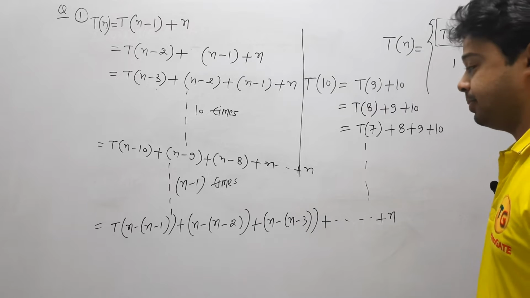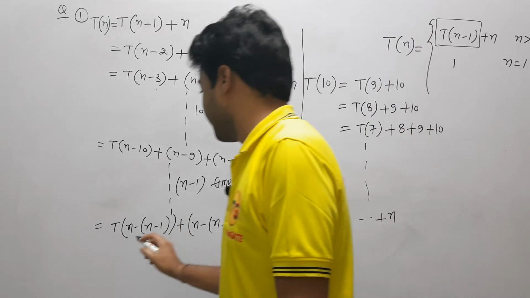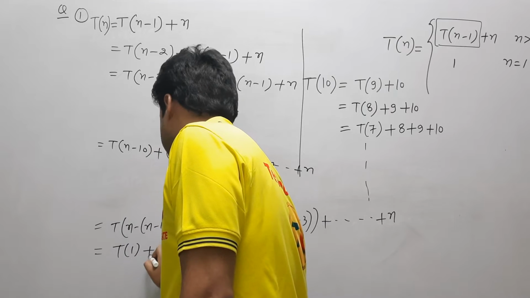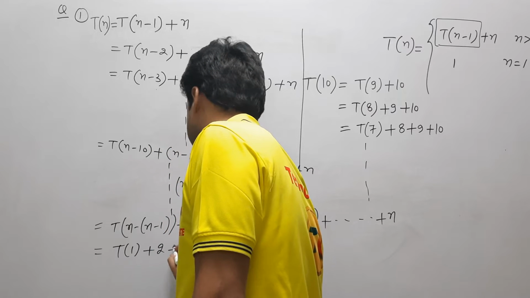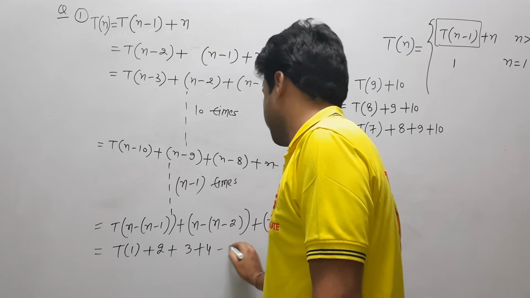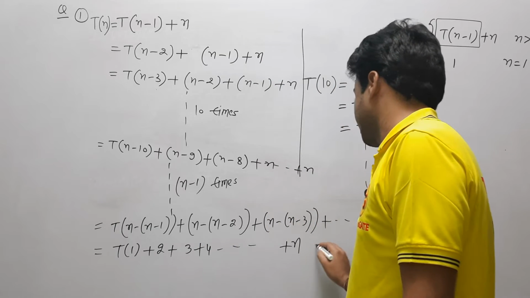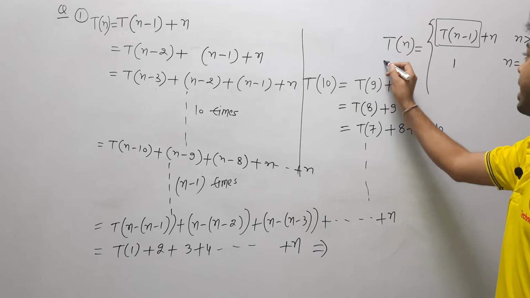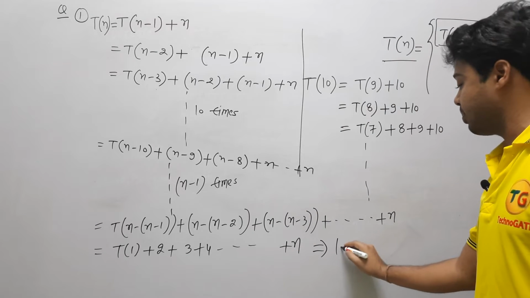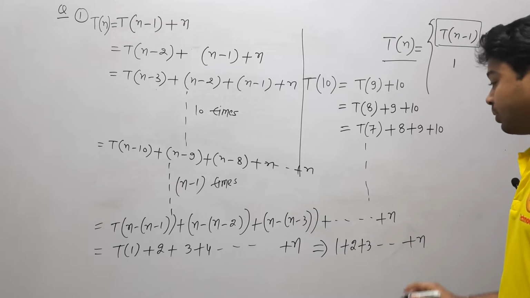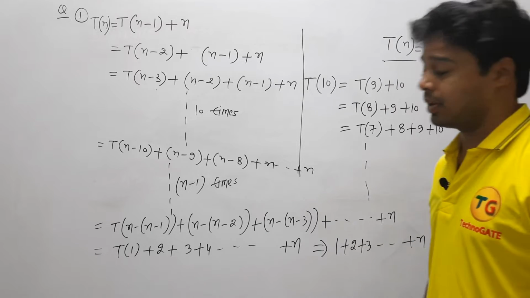So here T of 1 plus 2 plus 3 plus 4 up to plus n. T of 1 is 1. So if the n value is 1, then it is 1. So 1 plus 2 plus 3 up to plus n. This is the summation of the first n natural numbers. So what is this?